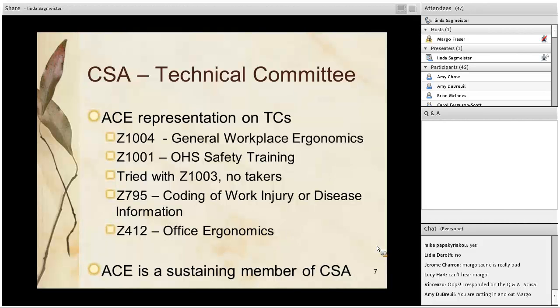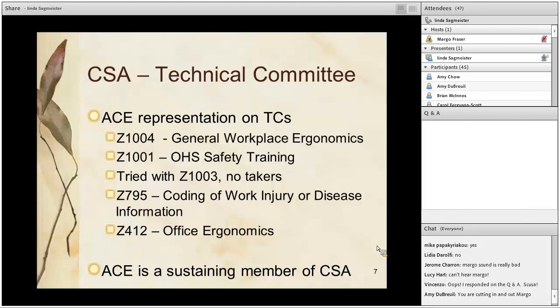On other ones, I was there just because of other interests, but in some cases, you're there as an actual rep, officially representing ACE, and that's more of a recent thing, I guess, over the last 2 or 3 years. So we've had official representation for ACE on the standards that I've got listed here.